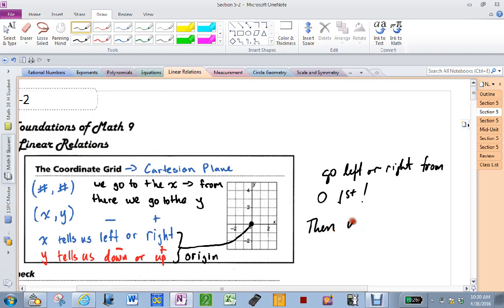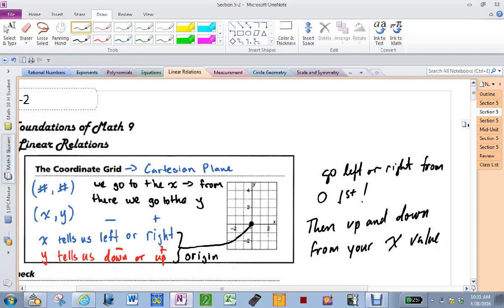Then up and down from your X value. Does everyone understand?